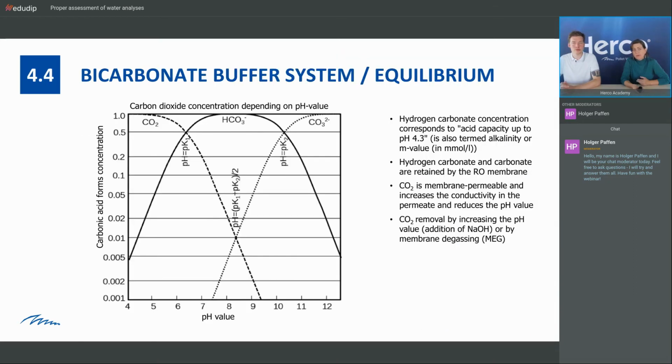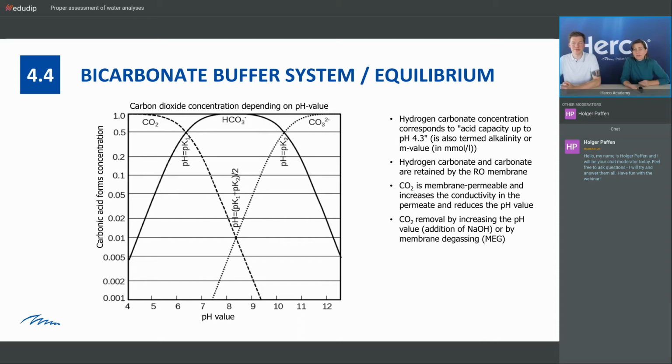Then, as we mentioned, from the anions we also have 2 important constituents, and that's hydrogen carbonate or bicarbonate, HCO3 minus, and carbonate, CO3 2 minus. These 2 together with CO2, carbon dioxide, make up this bicarbonate buffer system or bicarbonate equilibrium, which is the main buffer system in water, also in our cells, really.